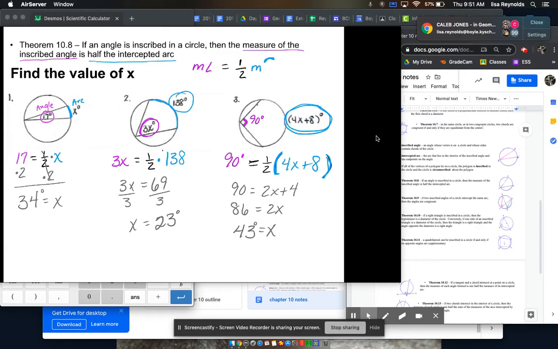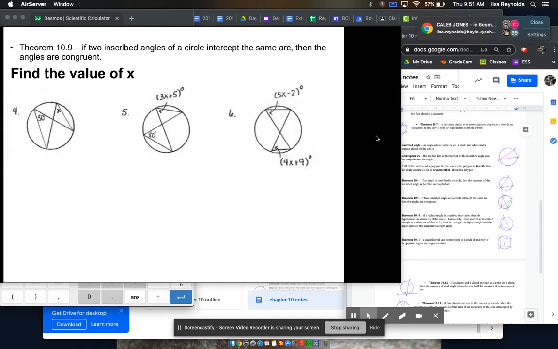So our next example is going to use theorem 10.9. So in this particular problem, we're working with 2 inscribed angles, and if they have the same arc, then they are congruent. So when we look, there are 2 inscribed angles.